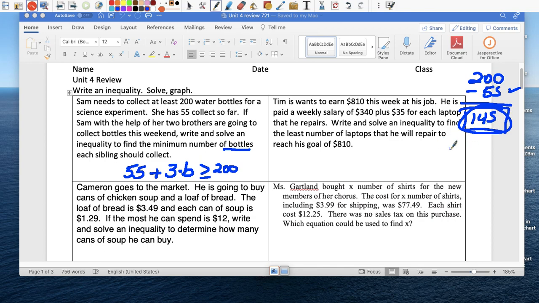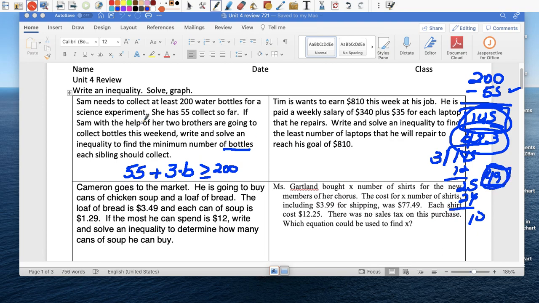You have 3 people, so you would divide 145 by 3, and you get 48.3. You can't collect 48.3, you need at least 48.3 bottles, so you definitely need 49. So that's what you would tell me if this was not an inequality.